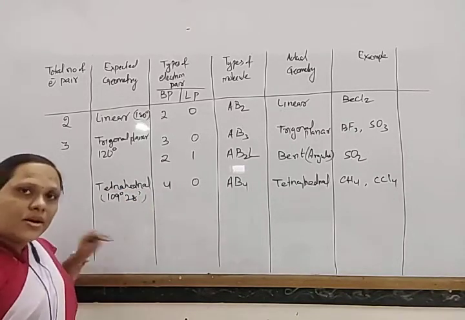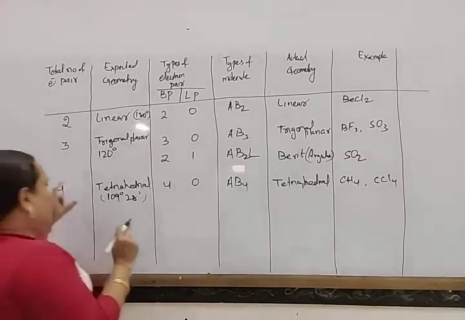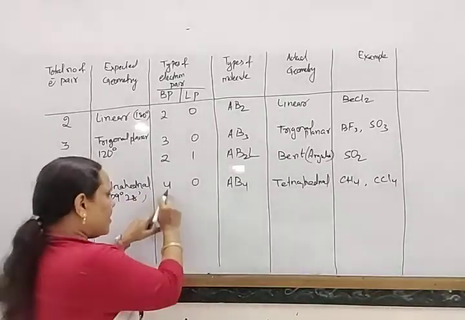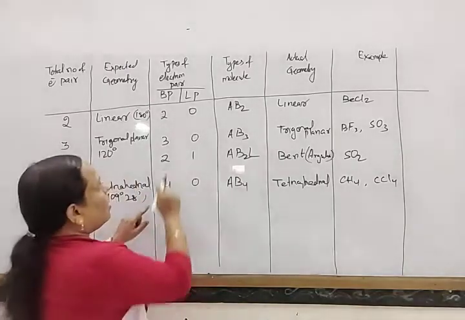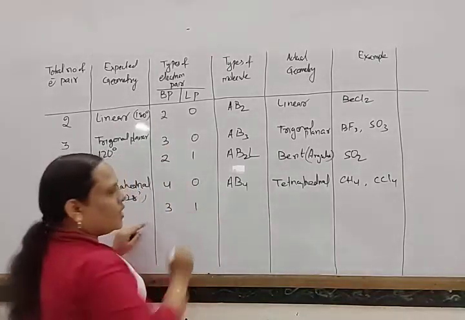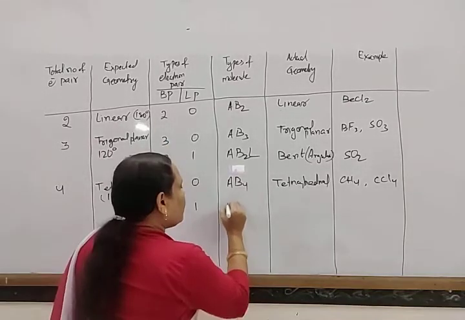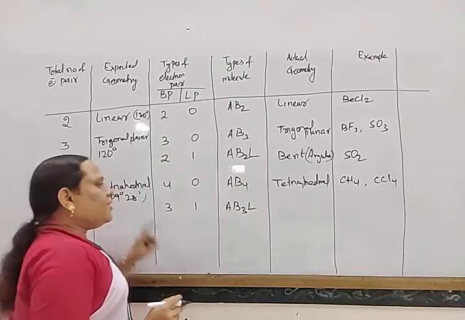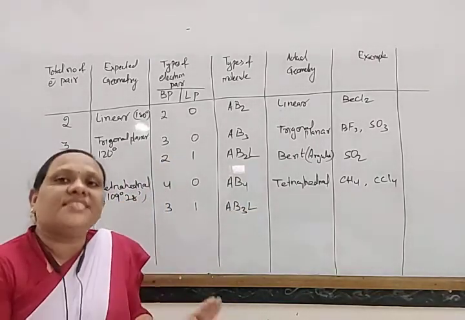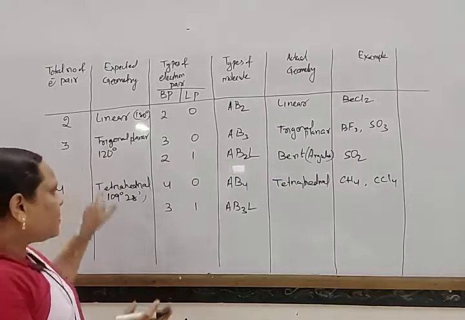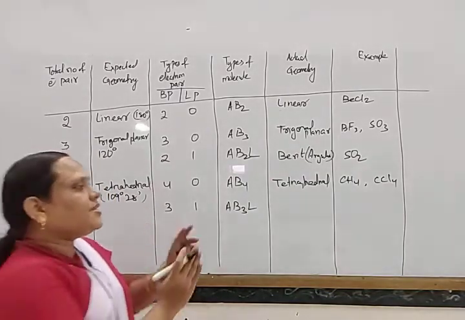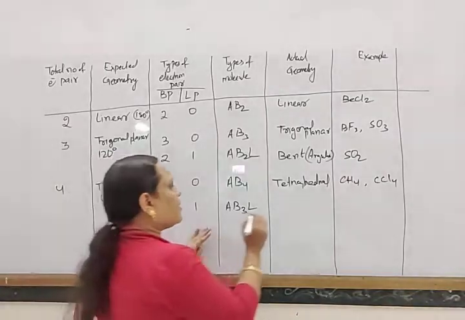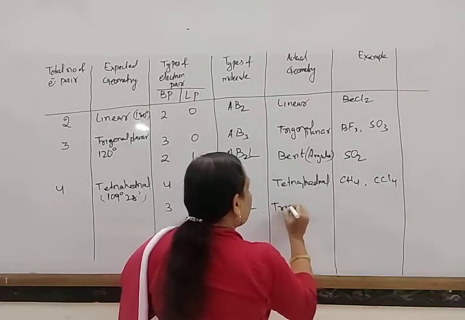Similarly, total electron pairs 4, another arrangement is 3 bond pairs and 1 lone pair. Then the molecule type is called AB3L type. Now the shape is changed. The expected geometry is tetrahedral, but the shape becomes trigonal pyramidal.